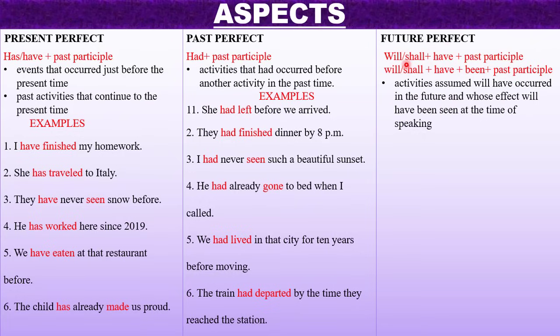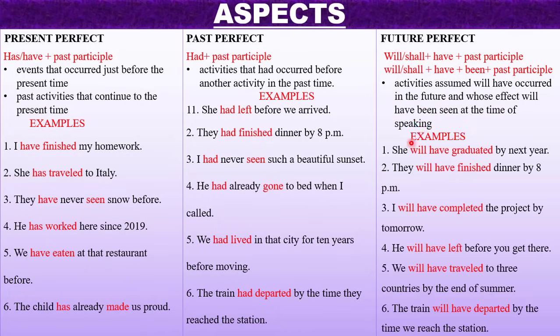Here we are going to use will or shall and then have and our past participle form of the verb. Sometimes we bring been and then the past participle form of the verb. When do we use future perfect? We use it to talk about activities that are assumed will have occurred in the future and whose effect will have been seen at the time of speaking.